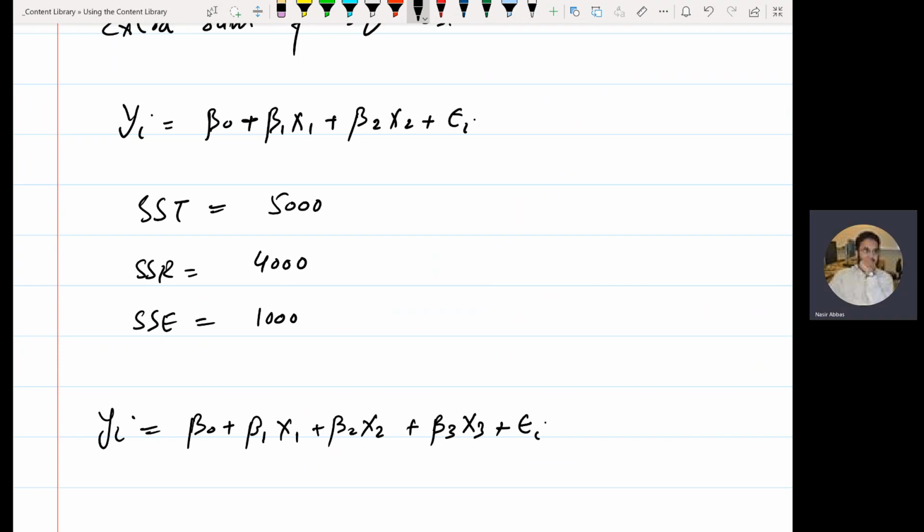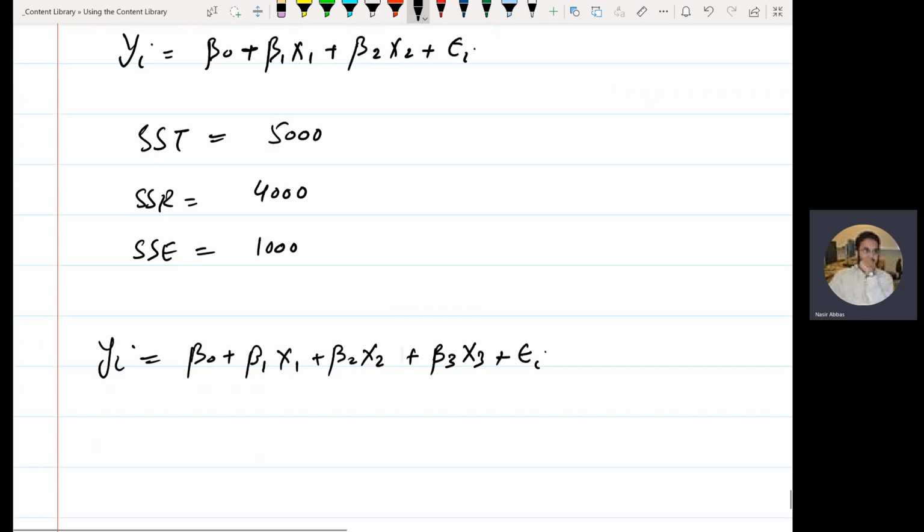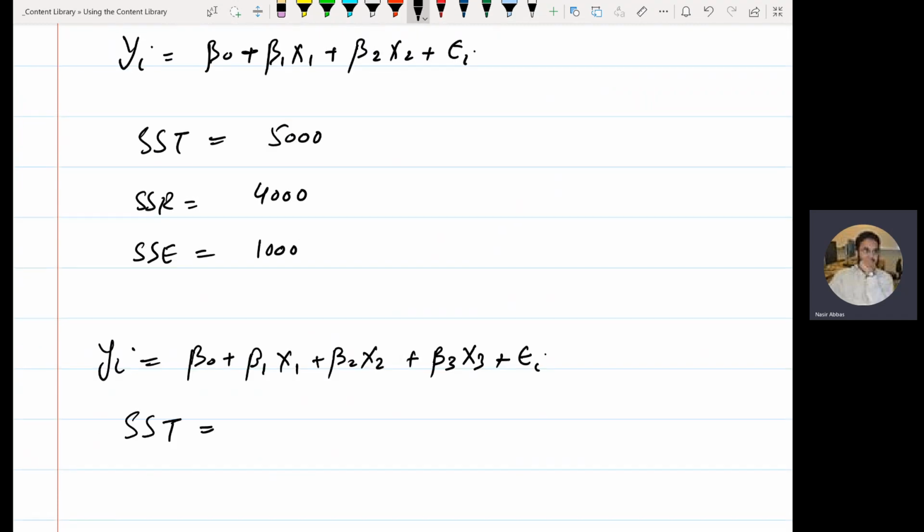Now, to see the marginal contribution of x3, will SST change? SST is the total variation in y. It will not change whether you are regressing it on 4 variables or 20 variables. It's still 5,000. SSR is the variation explained by your regression. Before, your regression had 2 predictors. Now it has 3 predictors. This will change, correct? Let us say this new one is 4,100.